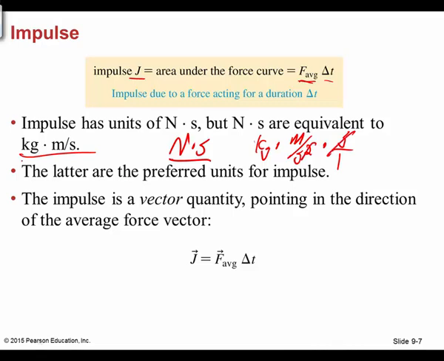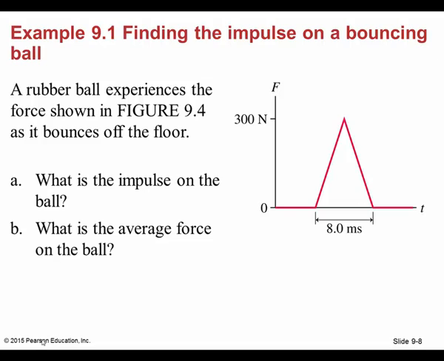So we could write it that way, but typically when we're talking about impulse, we're going to write it this way, Newton seconds, okay? And it is a vector quantity, okay? So the direction does matter, okay? Direction does matter here. In other words, it's a vector quantity, not a scalar quantity, okay?